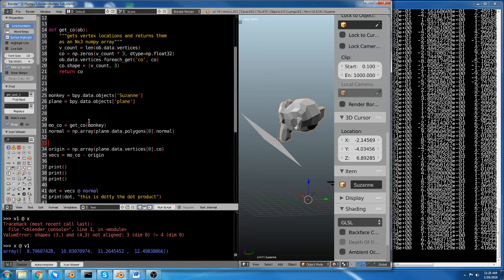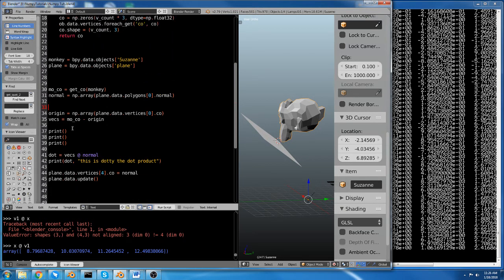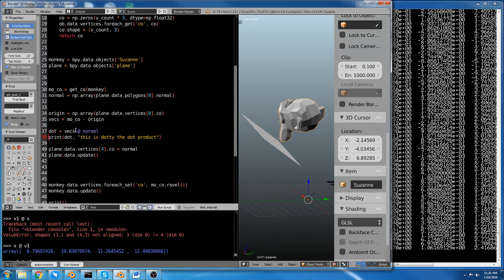First thing I'm going to do is show you that if we add the normal to Suzanne's vectors before we set them again. I'm just going to get rid of this, and I don't want to print this anymore.